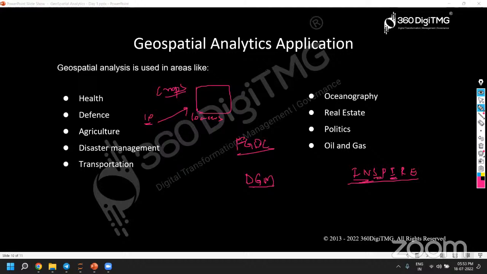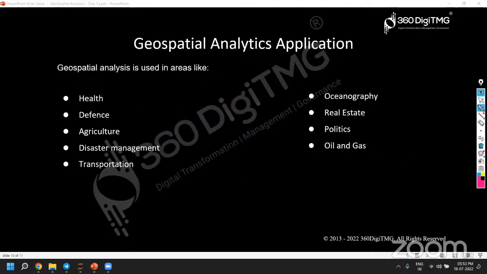So that's about the geospatial analytics overview. And we are going to try and discuss analytical models which are used in geospatial data, GIS data. So we'll talk about many interesting and fascinating examples and use cases on a daily basis.